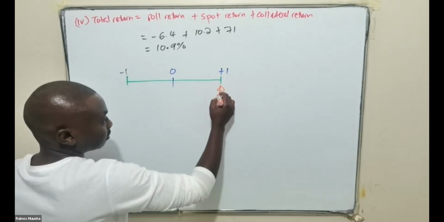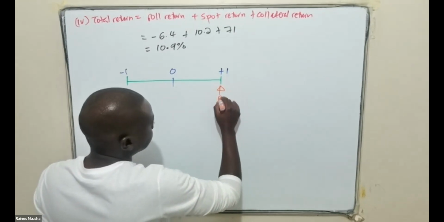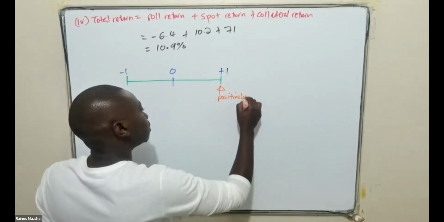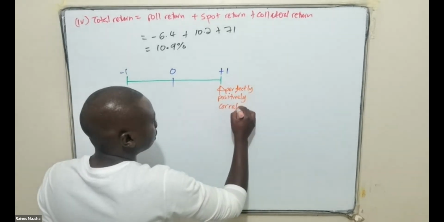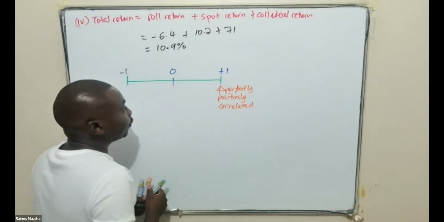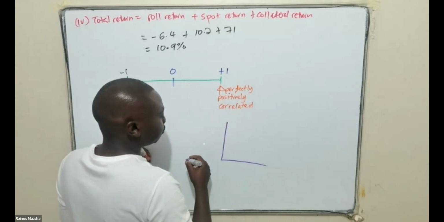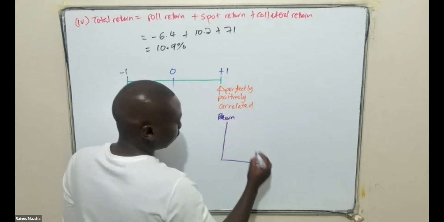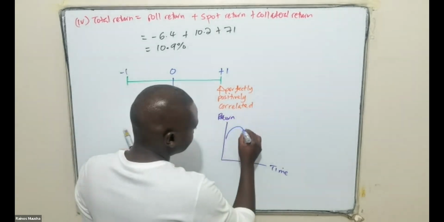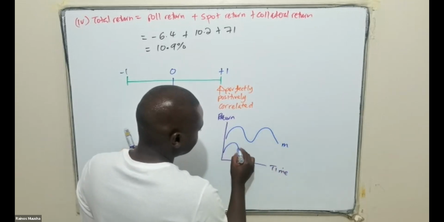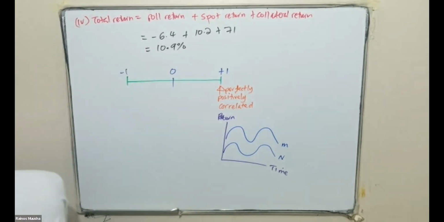When your correlation coefficient is at +1, this is where we say the investments are perfectly positively correlated, which means when you analyze the returns over time, let's say, for example, you have two assets, asset M and asset N. We are saying if they are perfectly positively correlated, when one goes up, the other one is also expected to go up.